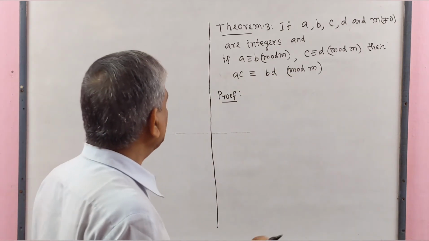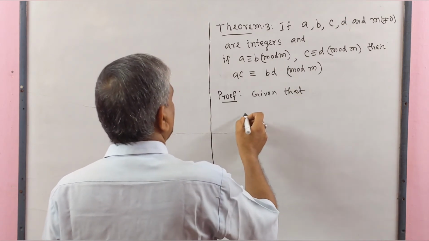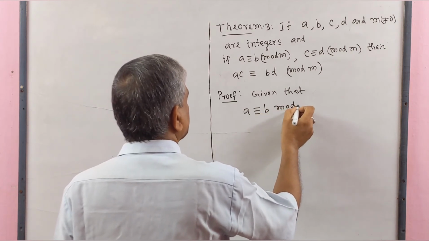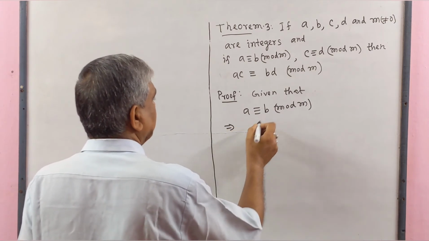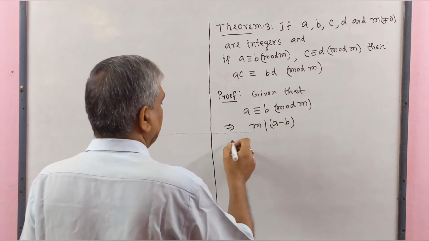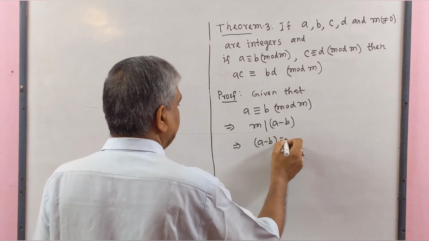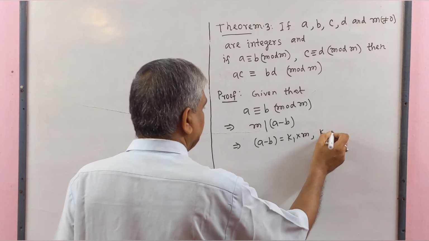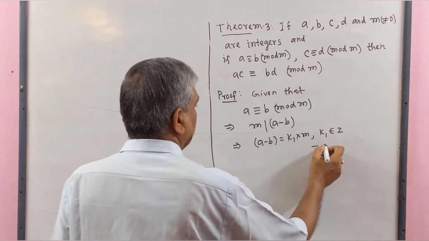Now we prove this. Given that a is congruent to b modulo m implies that m divides a minus b, which implies that a minus b equals an integer k1 multiplied by m, where k1 is an integer. This is number 1.